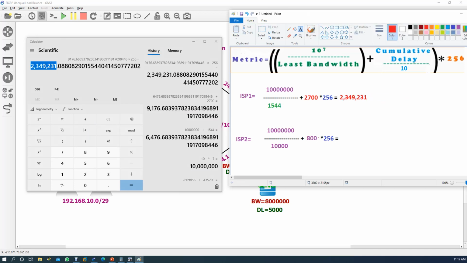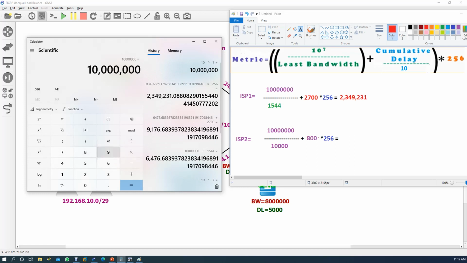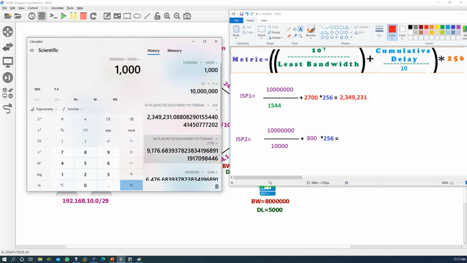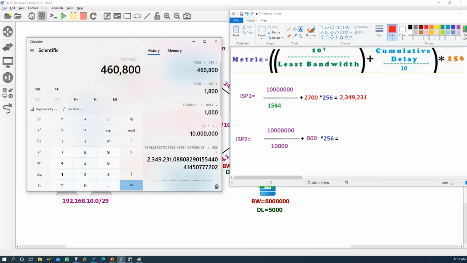Okay, let's count from this way. So 10 to the power 7 divided by 10,000, plus 800, multiply by 256, equal to, so what is the answer? 46800.